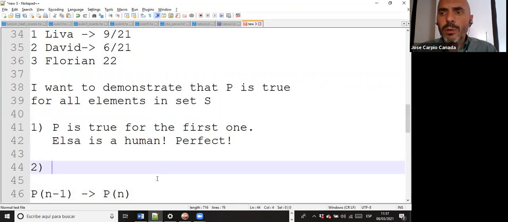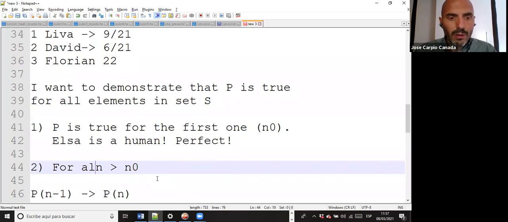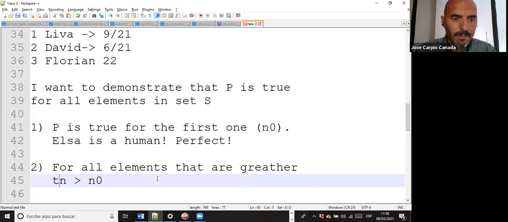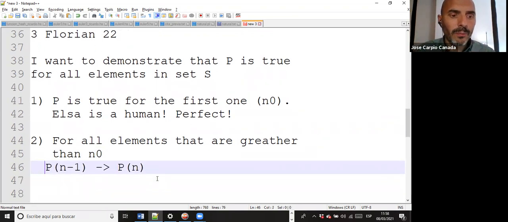For the second part of the rule, we say for all elements n greater than n0, let's call the first one n0, for all the rest of the people in the classroom, we apply this rule.